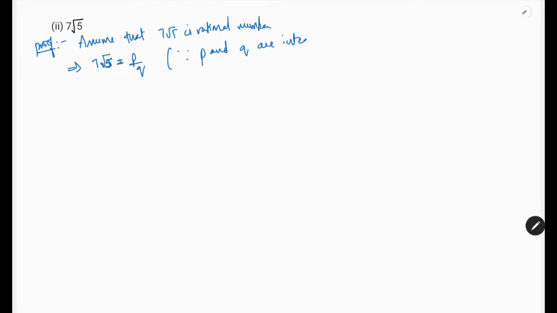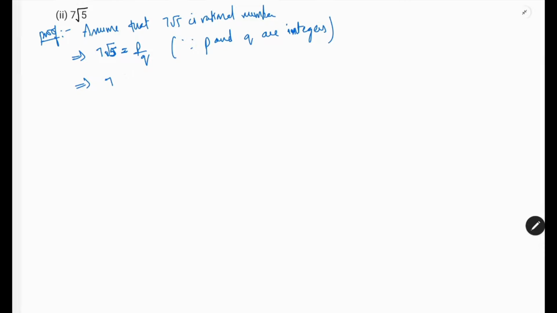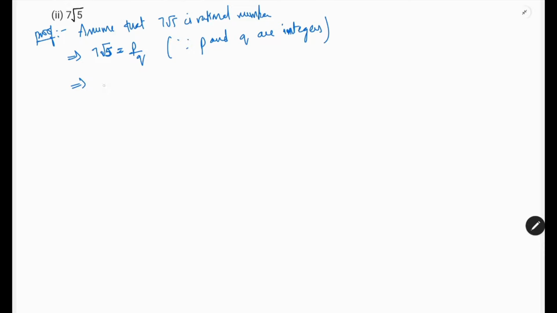We don't have to assume that they both have a common factor and divide. We don't have to do that. Now here, take 7 to the right side. Root 5 is equal to p by 7q.